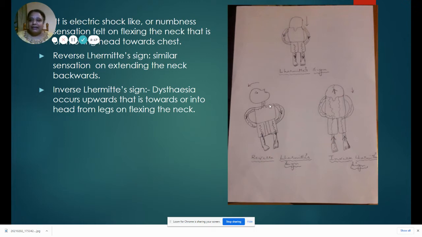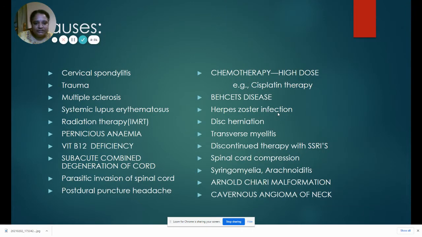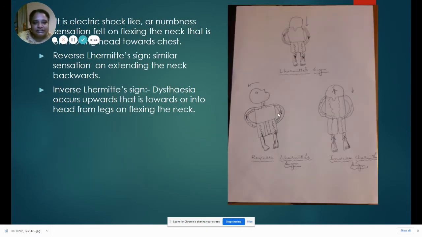In the reverse Lhermitte sign, you have a similar sensation, but the head is bent backwards, extended backwards. The sensation goes towards the legs and hands.